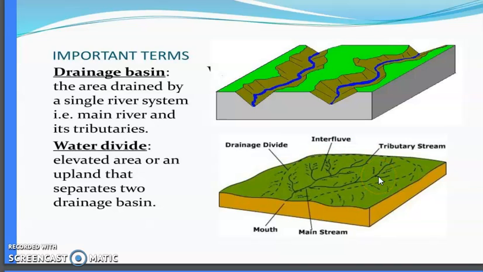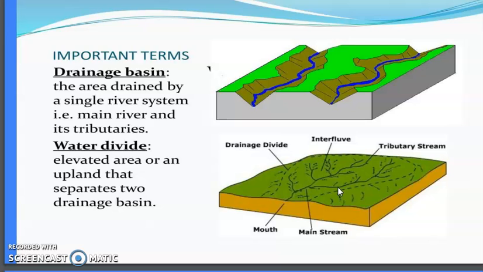Now this river and its tributaries flow from a particular area. So the area drained by a single river system, or the main river with its tributaries, is called the drainage basin. So what is a drainage basin? An area drained by a single river system, or a main river with its tributaries, is called the drainage basin.